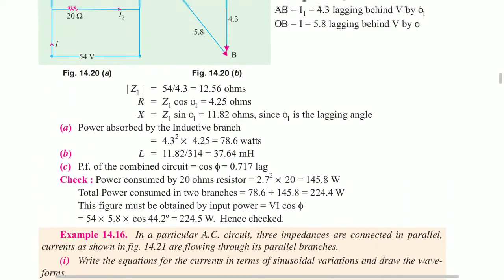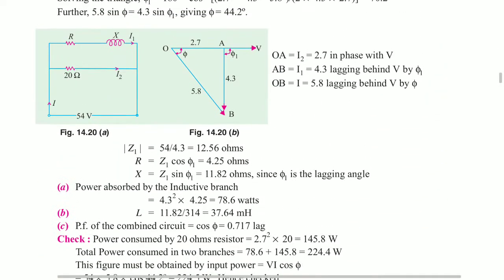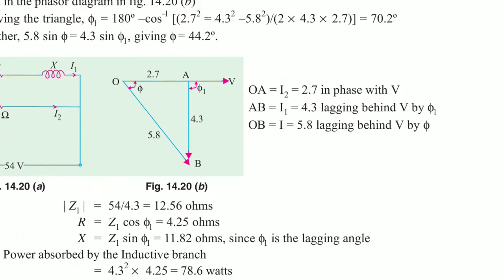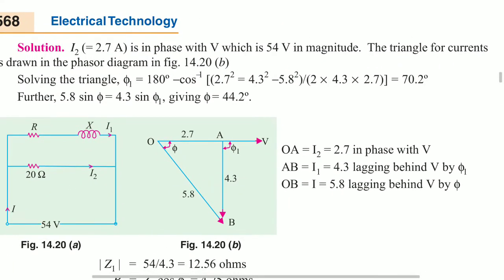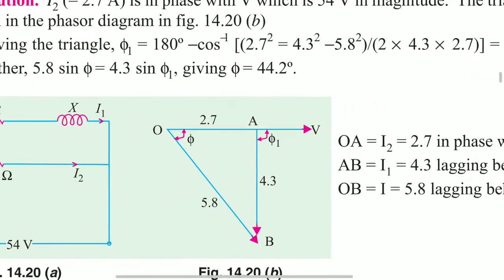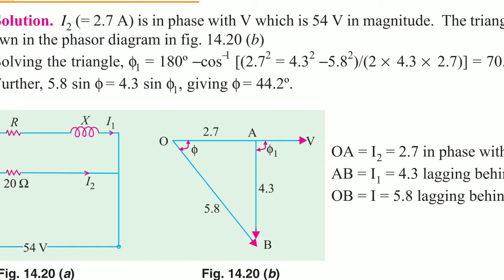See here, this is the triangle phasor diagram. 2.7 is the current in the resistive branch, 4.3 is the current in the inductive branch, and the resultant current is 5.8.